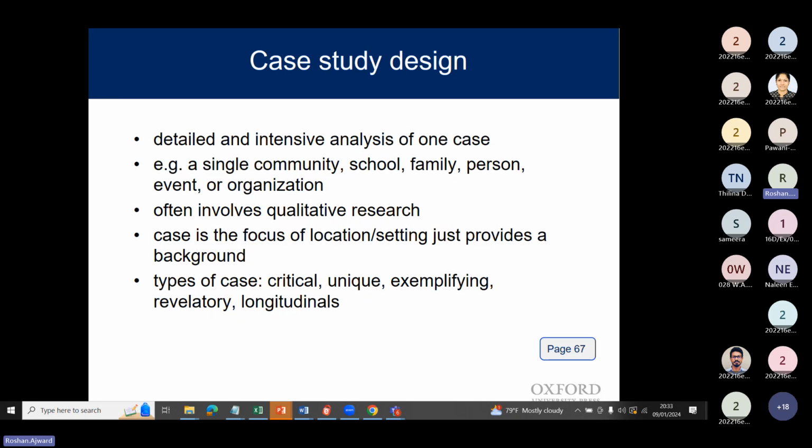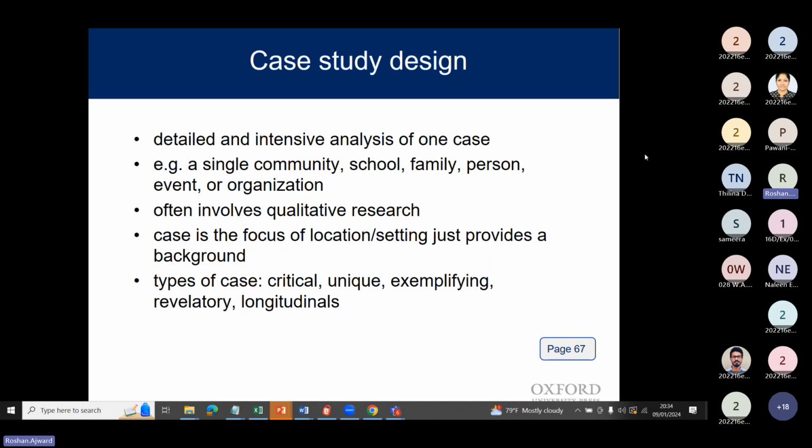Likewise, you do an in-depth study, and you see why JKH is so successful. Even during COVID-19, they were really successful. They made profits and did well. Why? That's called a case study design.